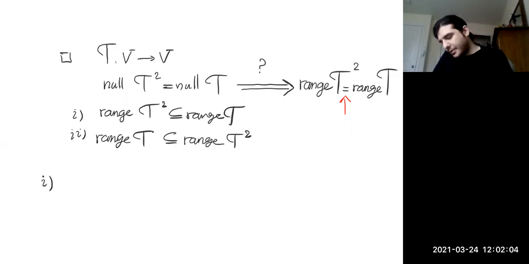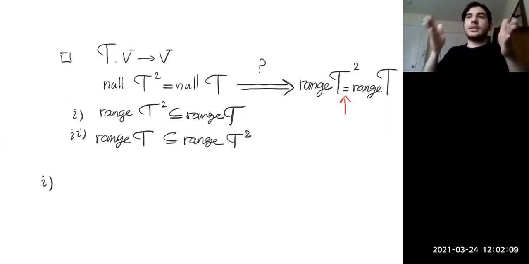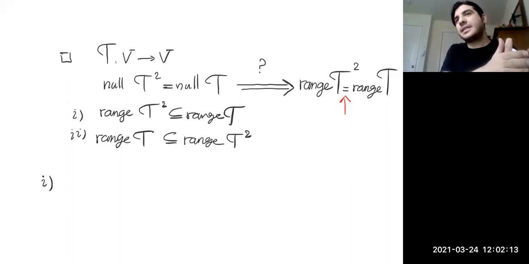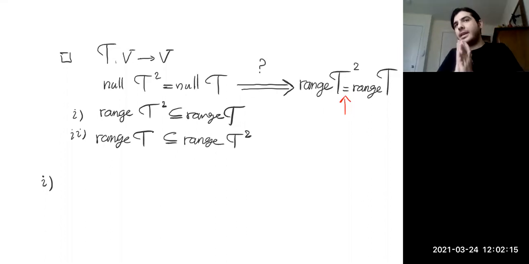When I want to show one set is a subset of another set, I should show any element in the first set is also an element in the second set.